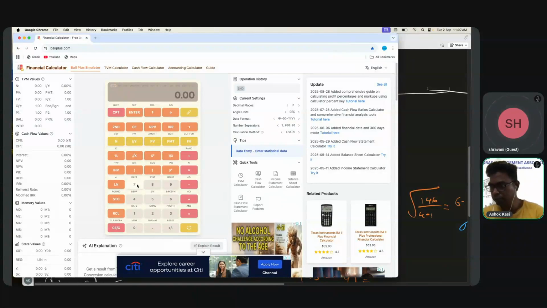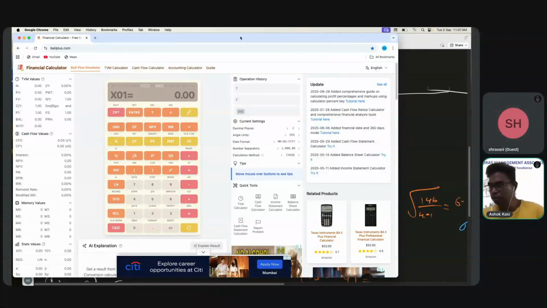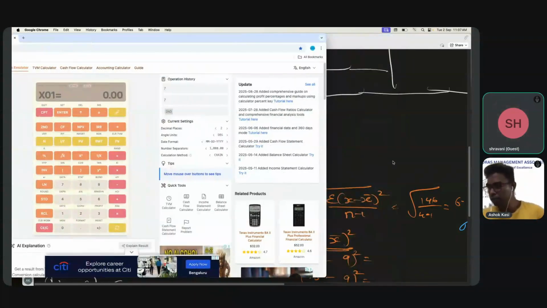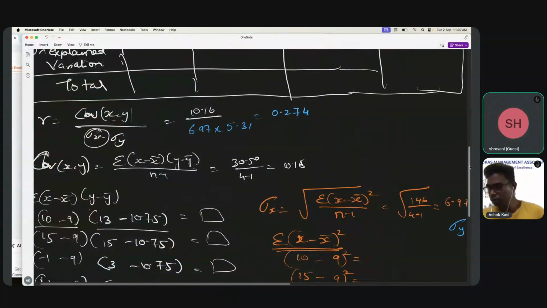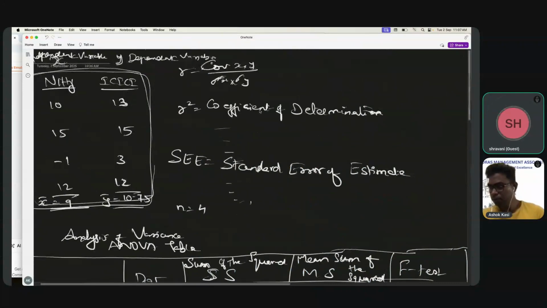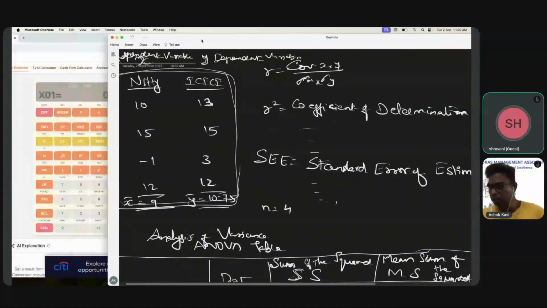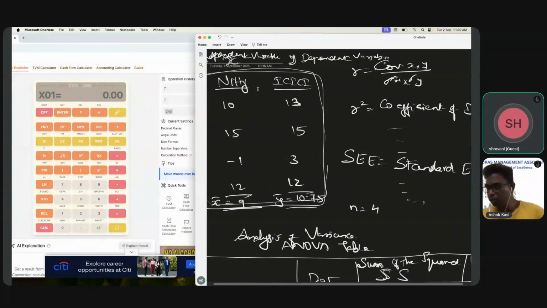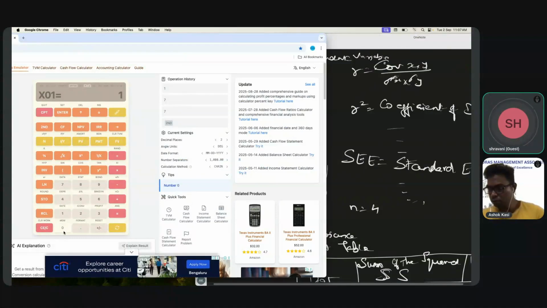So X01, the x variable's value, x value is 10. So 10, enter.